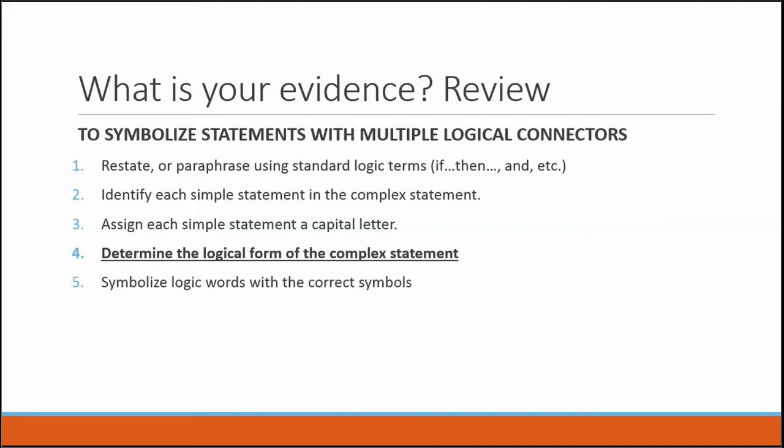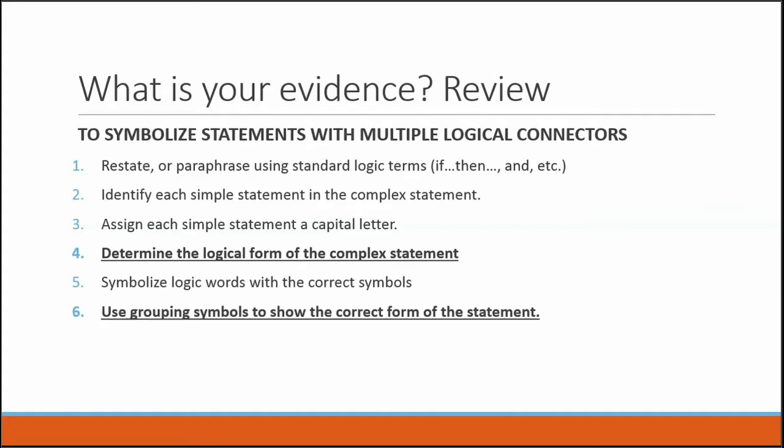You will symbolize the logic words or the logical connectives with the logic symbols that represent those words, an arrow for if-then, and ampersand for and. When you have more than one logical connector, you must use grouping symbols to show the correct form of the statement. Remember that the main logical connector, the connector that tells us the form of the statement, goes outside of any grouping symbols.